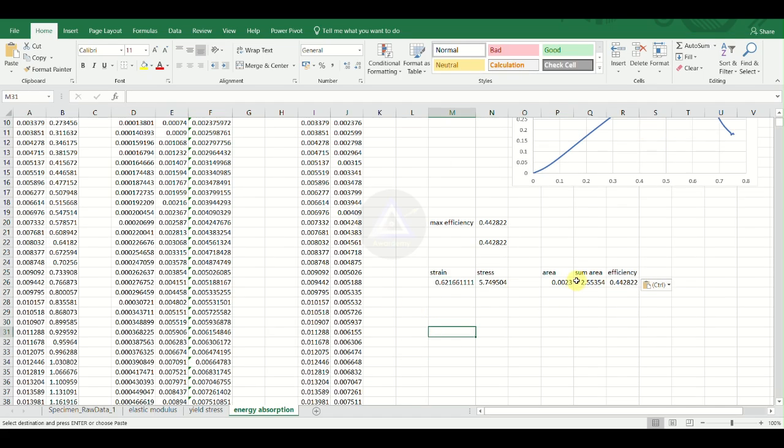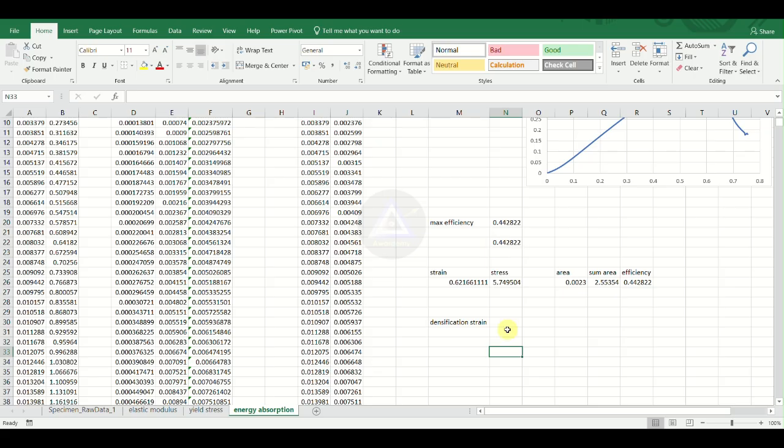Here the sum of the area means our energy absorption, efficiency is our maximum efficiency, and the respective strain is this. So now we have most of the data: densification strain. Just cut it here and paste it here. So the densification strain value is this.